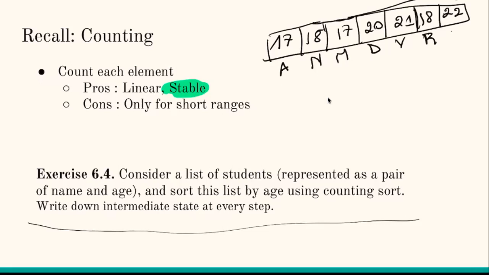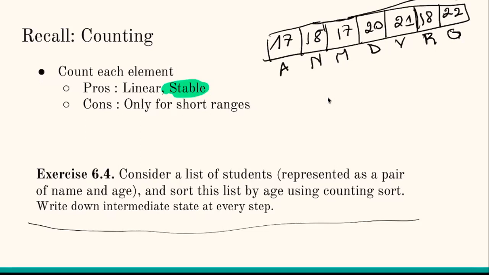And finally, who is 22 here? George, for example. So each age is associated with a name.